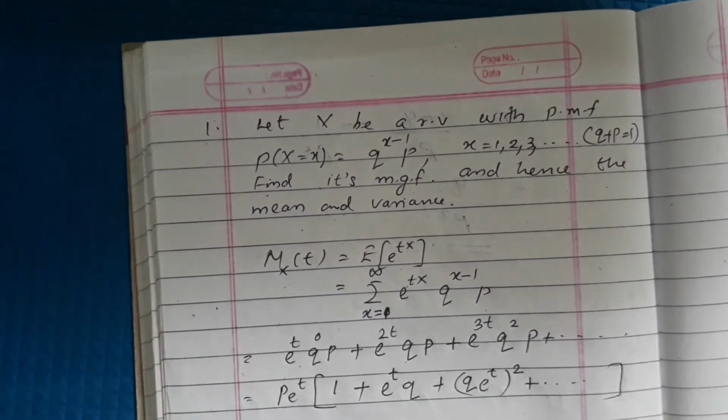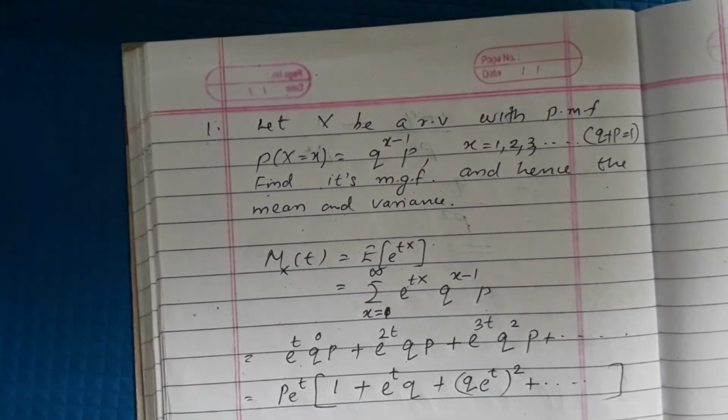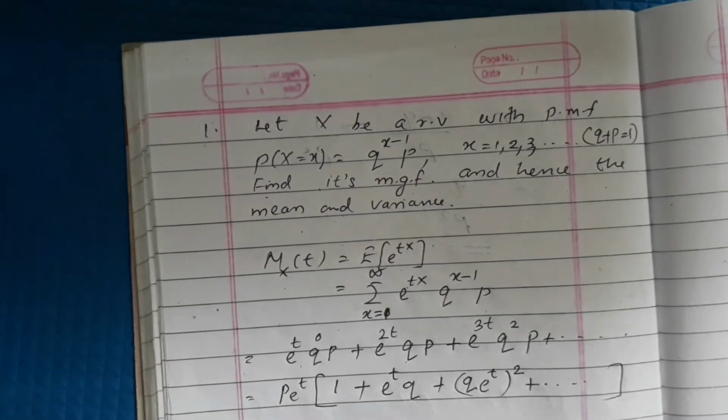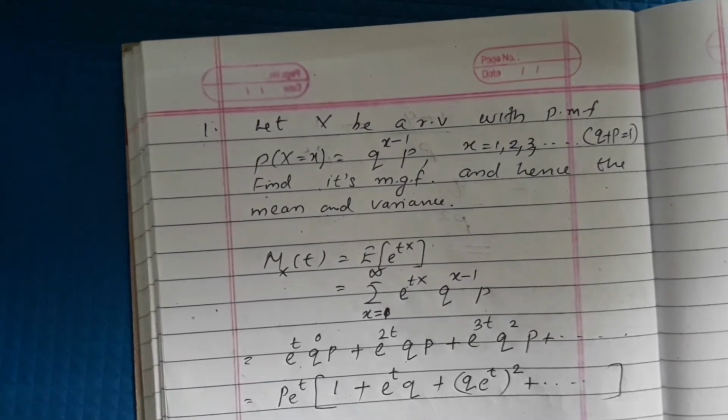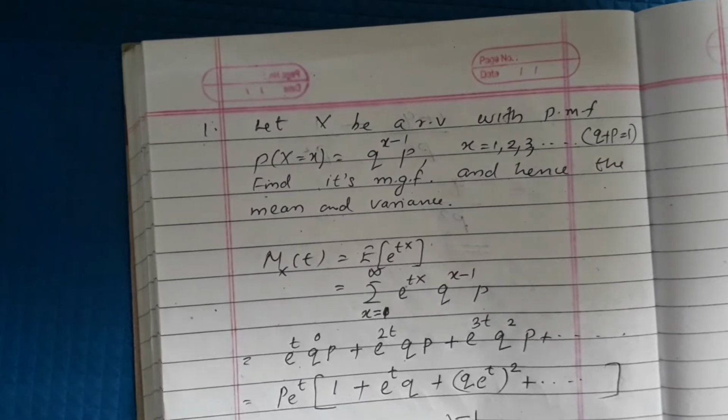We know that 1 plus x plus x square plus etc. is equal to 1 minus x all raised to minus 1. Similarly, here we get p e raised to t into 1 minus q e raised to t all raised to minus 1.